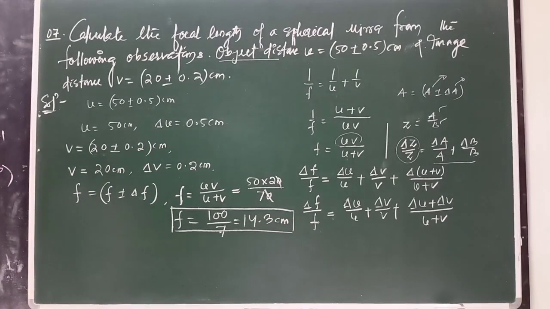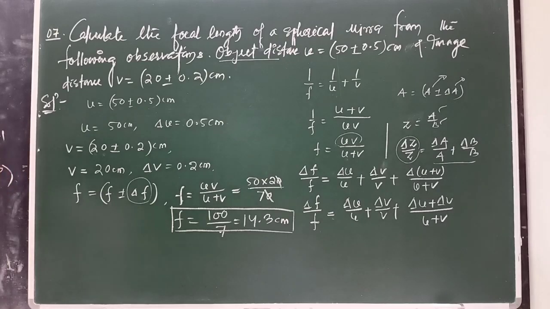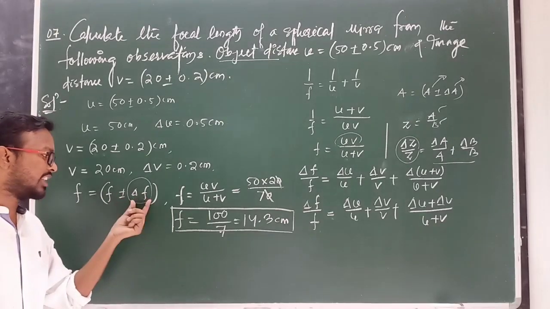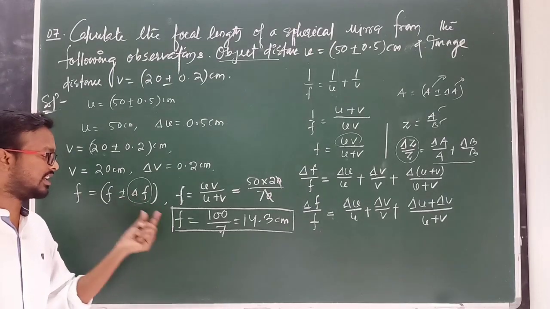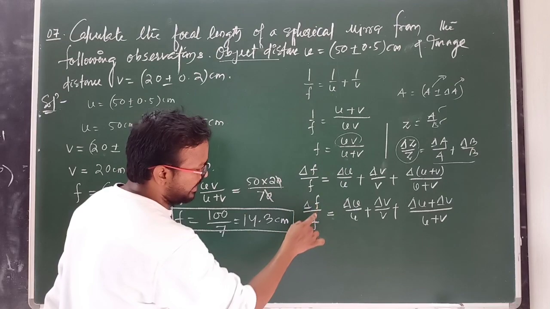Now we have to find the value of delta f. What is delta f? Delta f is the absolute error, or error limit, or maximum possible error in f, and we have a relation here: delta f divided by f equal to this much.